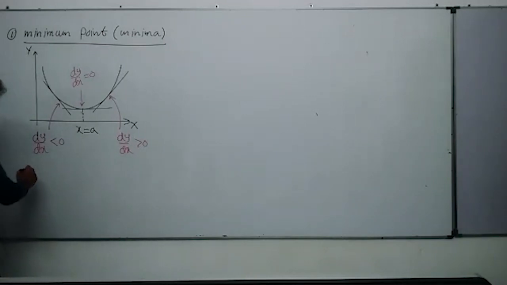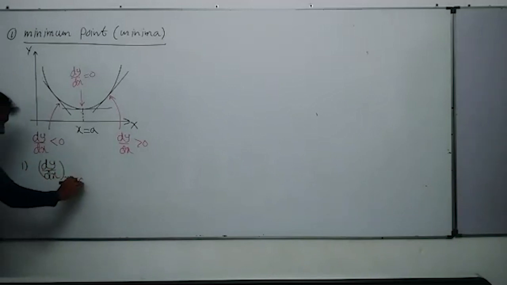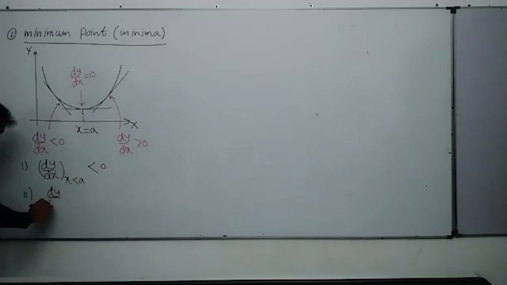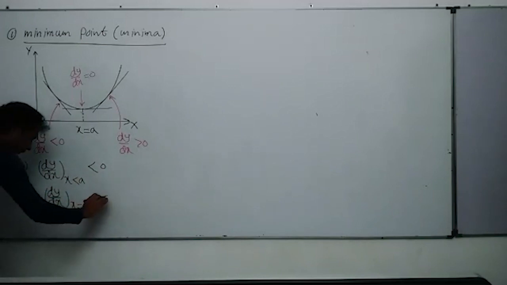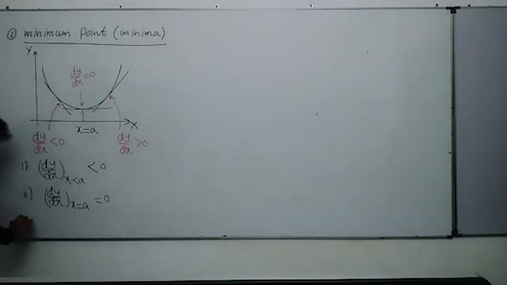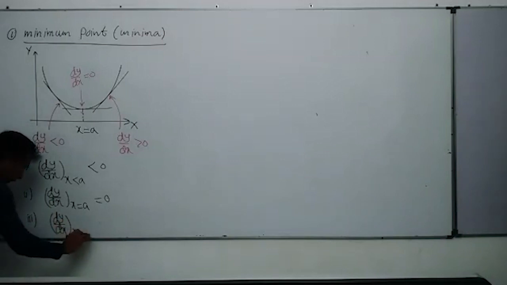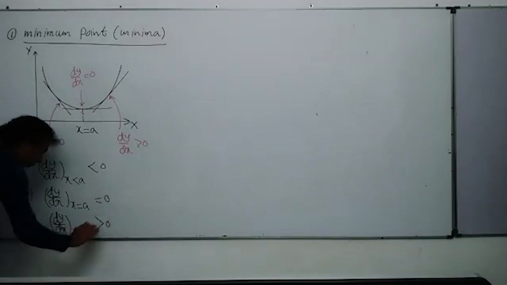Okay. So therefore, we can say: number 1, dy by dx for x less than a is negative. Number 2, dy by dx at x equals a equals 0. Number 3, dy by dx for x greater than a is positive.